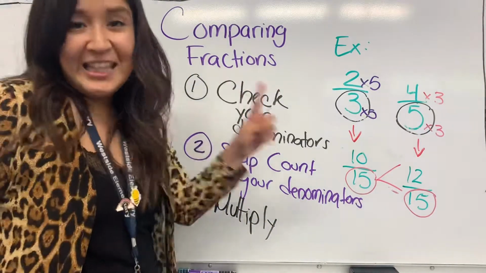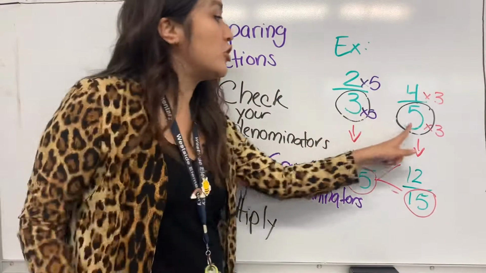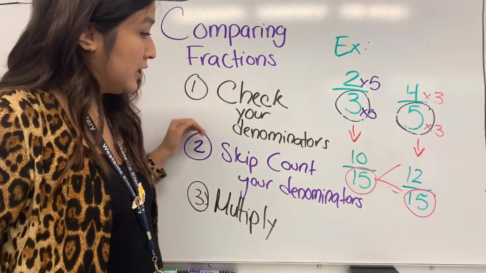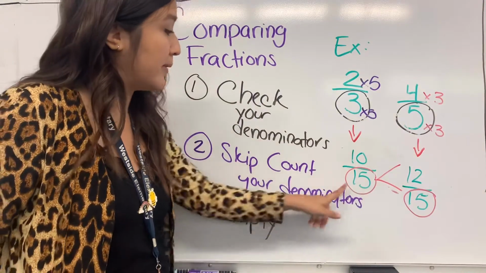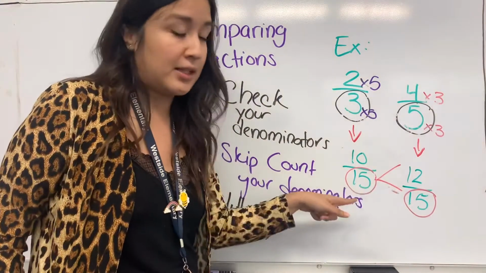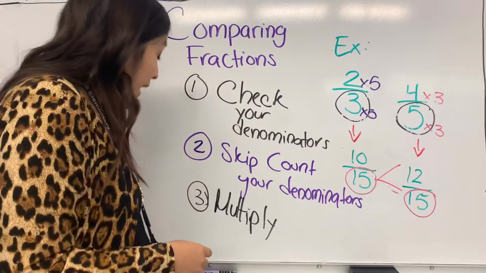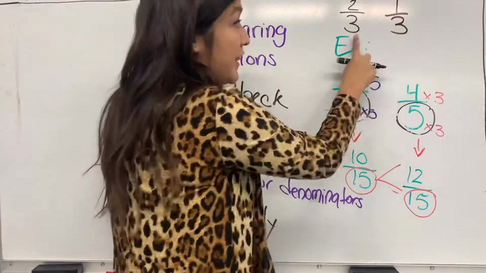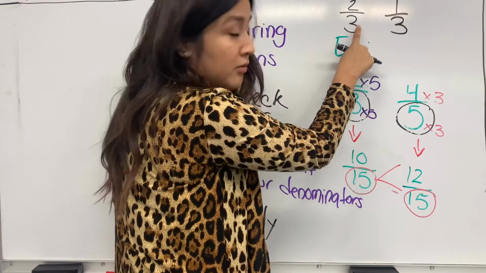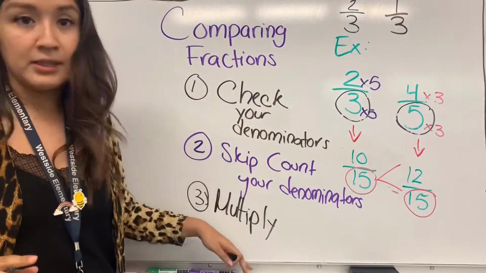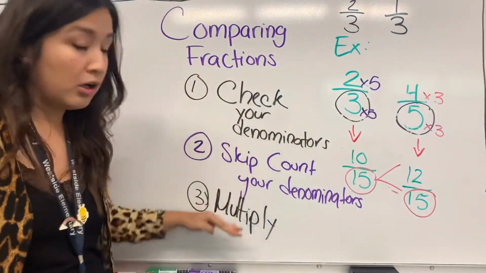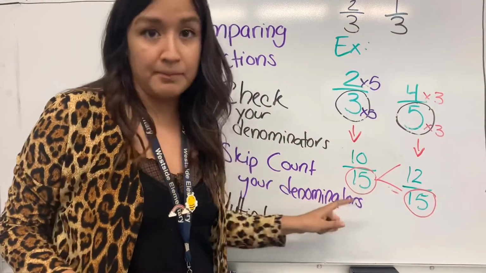The big thing here is, if they are different denominators, you have to skip count to find a common denominator and then multiply to change these to a common denominator. If you start out with the same denominator, you don't have to worry about doing all of this. But if you have different denominators, you have to do all of this to make them the same. Got it?